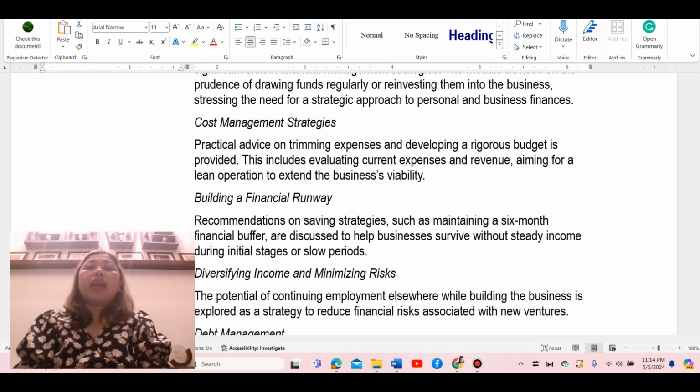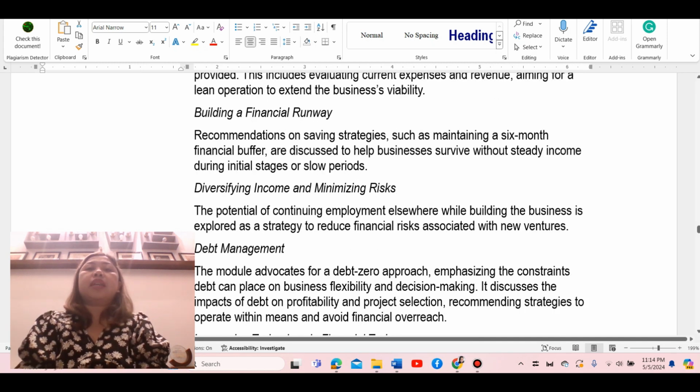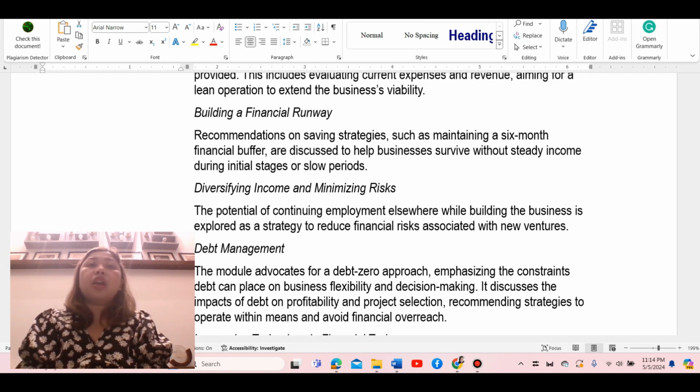Building a financial runway. Recommendations on saving strategies, such as maintaining a 6-month financial buffer, are discussed to help businesses survive without steady income during initial stages or slow periods.